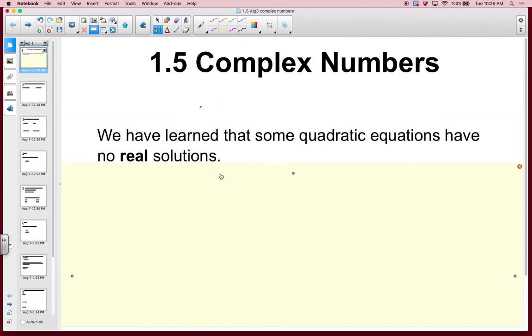So mainly when we're looking at complex numbers, we should remember that it's trying to find a solution for a quadratic equation. And when you're looking at a quadratic, if you get an answer that comes out to have a negative underneath a square root, then you should know that that's going to be a complex number.